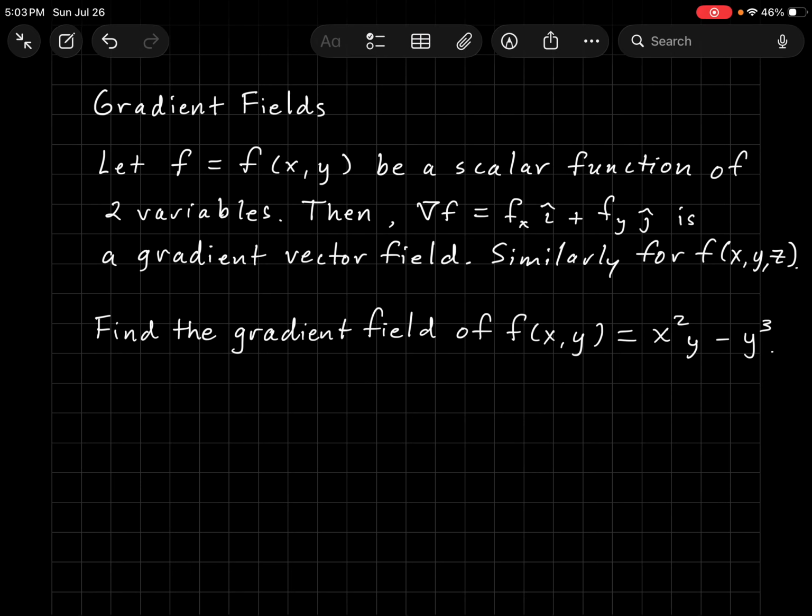Given f of xy equals x squared y minus y cubed, then our gradient vector field is just finding the gradient. It would be the partial with respect to x, i, plus the partial with respect to y, j. So 2xy i plus quantity x squared minus 3y squared j. There's a gradient field.